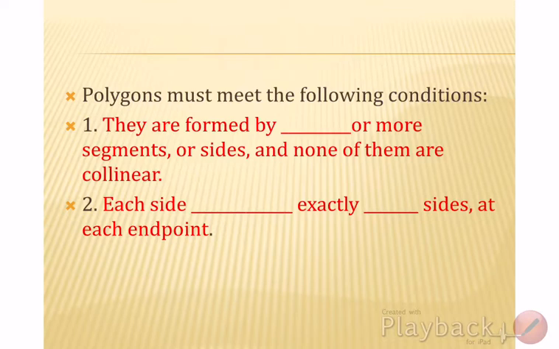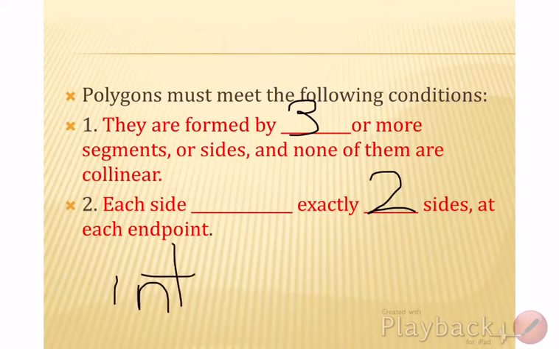They are formed by 3 or more segments or sides, and none of them are collinear. Hope you remember what that means. And each side intersects exactly 2 sides at each endpoint.